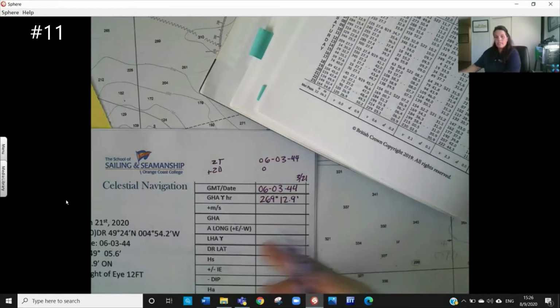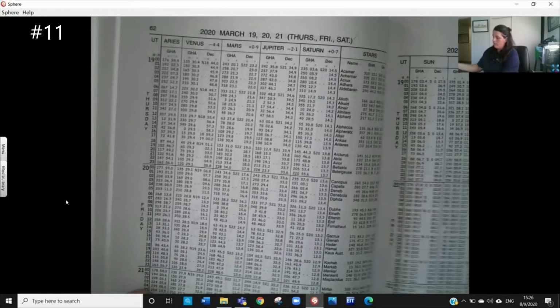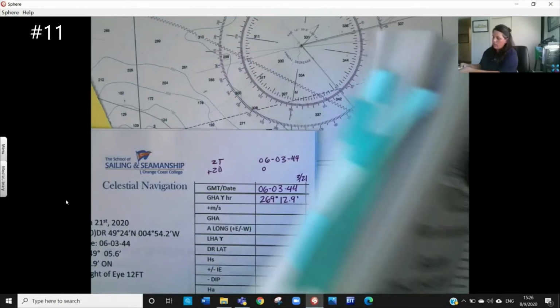Then for our minutes and seconds, we go to the back of the almanac, and we are at 03:44.